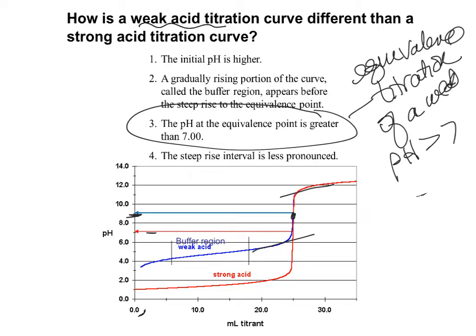Always. We'll go into why that is later, but for right now, just make sure you know that. If I just had to make a sweeping statement, I'd say the pH at the equivalence point for a weak acid is usually between 8 and 9. It goes outside of that, but that's what I see most often.